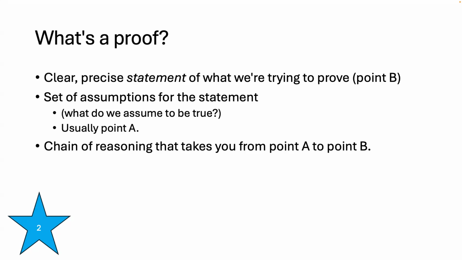So setting up in clear steps that say, here's my assumption. Now I can say this. Now I can say this. Now I can say this until eventually we get to point B. Right? So a proof is just getting us from A to B. And the steps that you take in this chain of reasoning, those are the important parts.